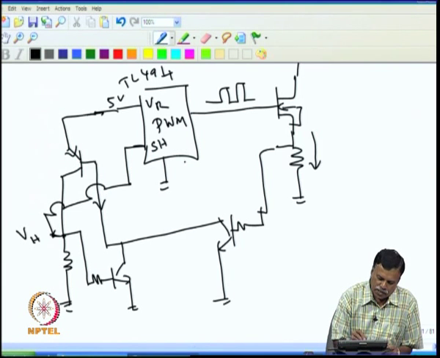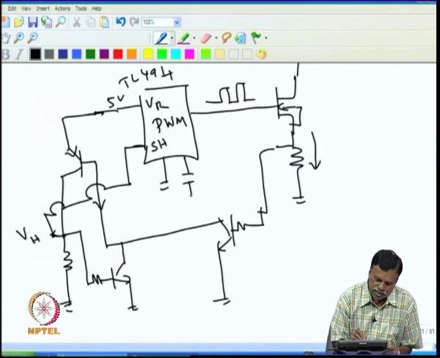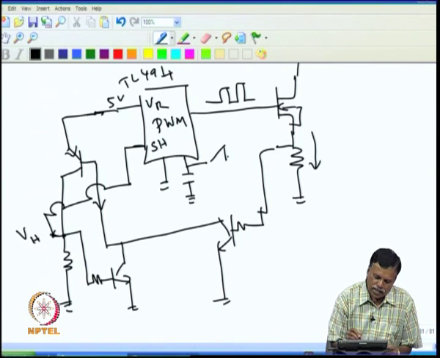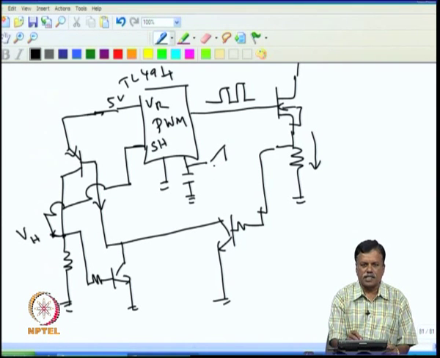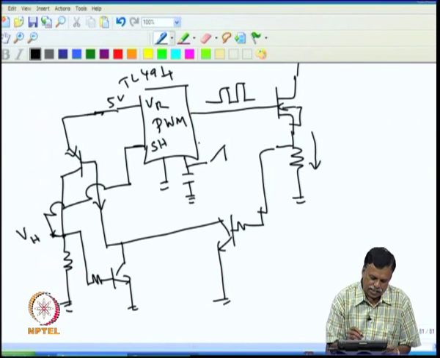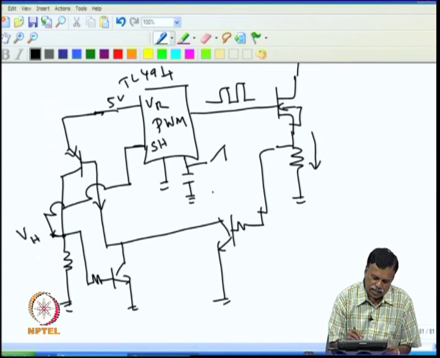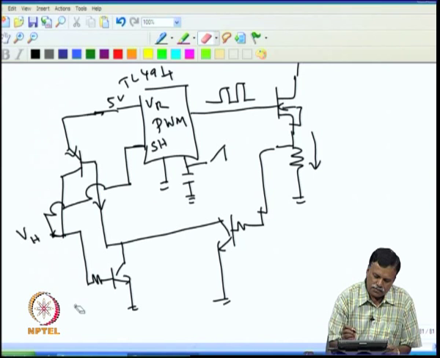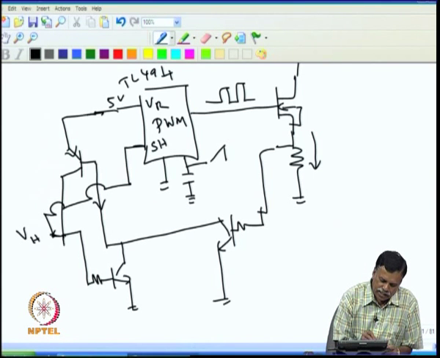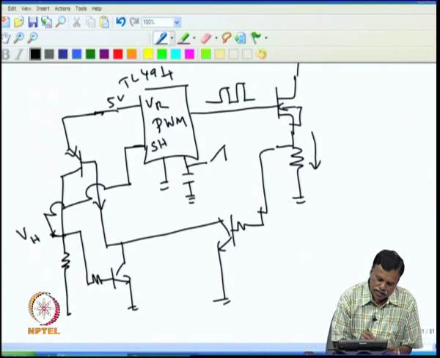the provision here. For example, we have a capacitor here. Here you will get a sawtooth wave, and the sawtooth wave is the one which actually triggers the next pulse. So normally what they do is they connect this to the sawtooth wave here. For example, instead of grounding it, I can connect it to the sawtooth wave.